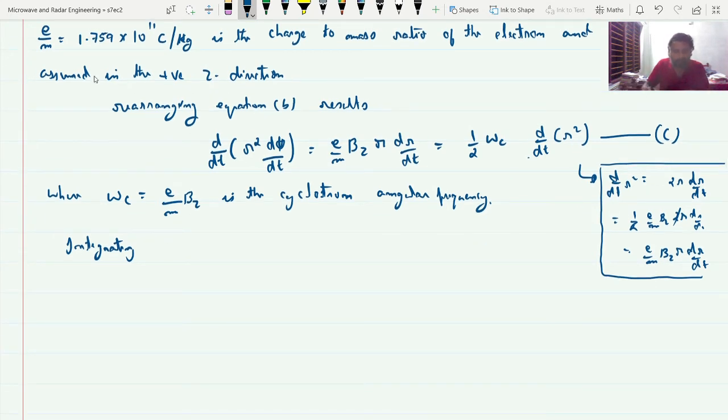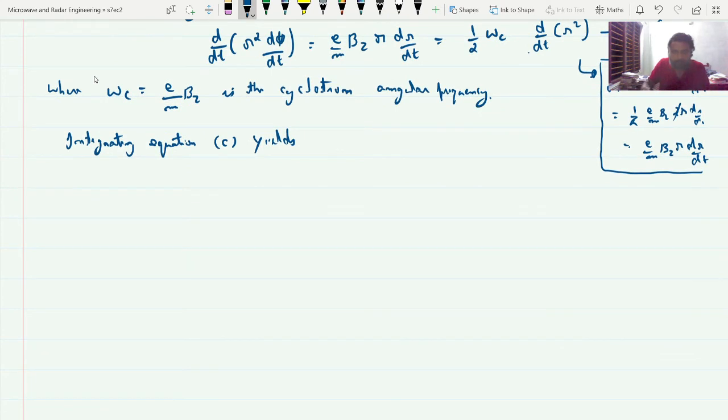Integrating equation C, what will you get? You will get r square d phi by dt is nothing but 1 by 2 omega c r square plus a constant term.